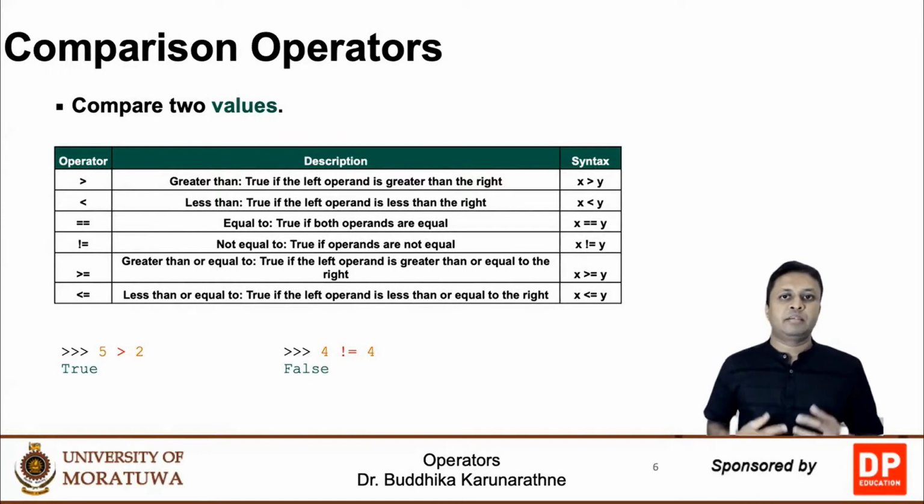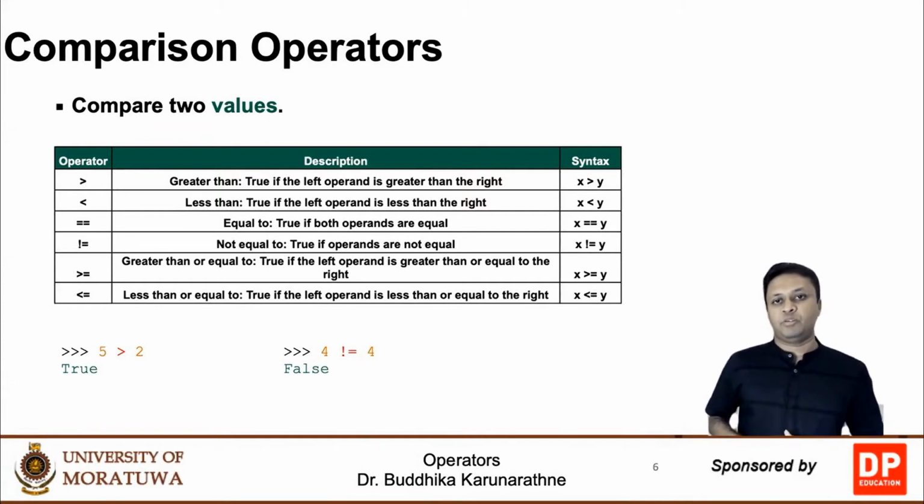Here, comparison operators. They are used for comparing two values. Since they return either true or false, comparison operators are typically used in Boolean contexts. They are especially used in conditional and loop statements in order to direct program flow. And you will see this in detail in a later session.